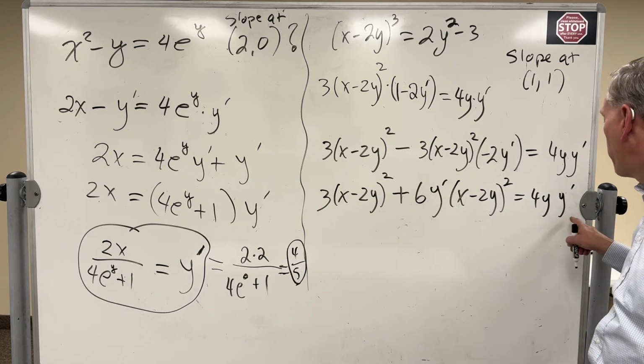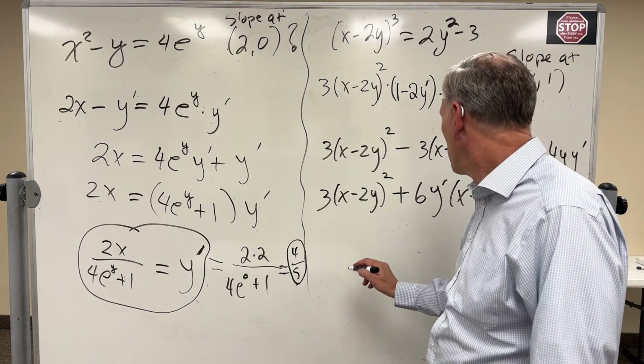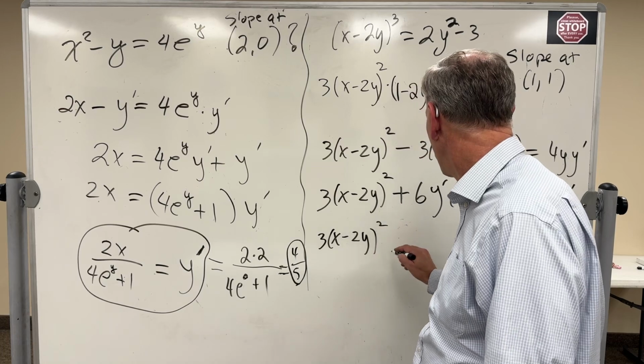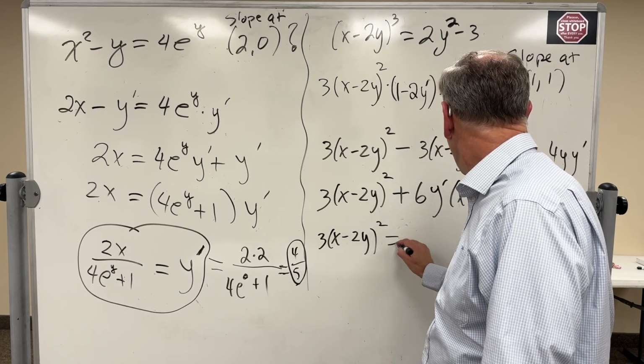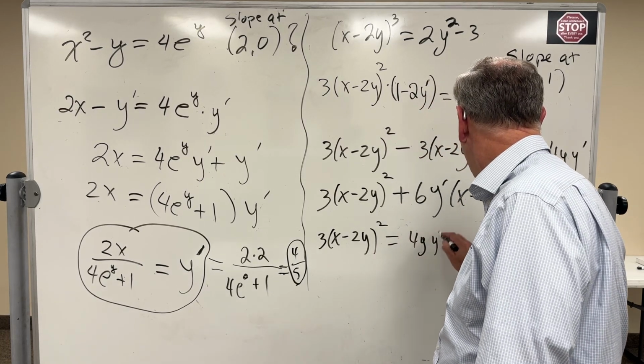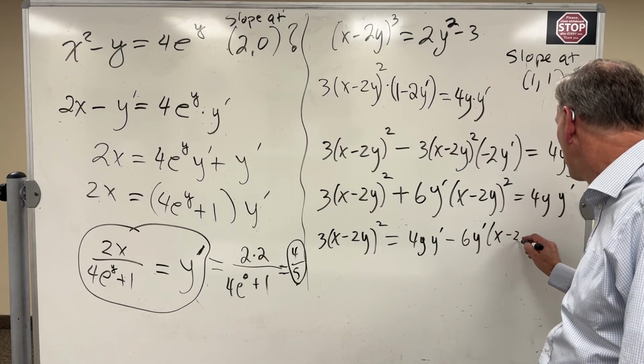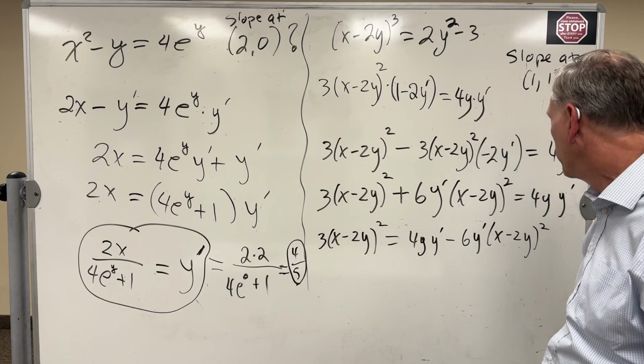I can now move this y prime over here. So this gives me 3(x - 2y)^2 equals 4y prime minus 6y prime times (x - 2y)^2.